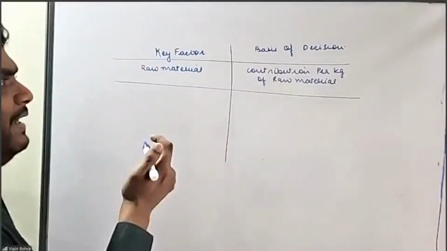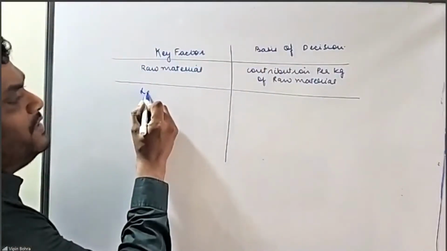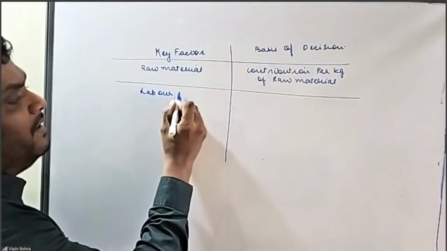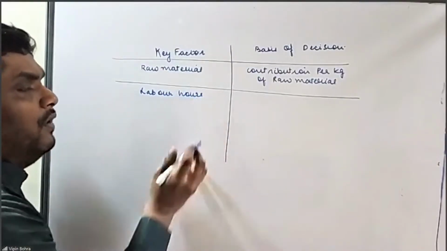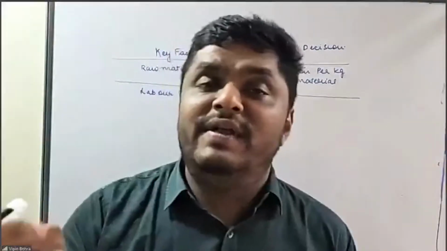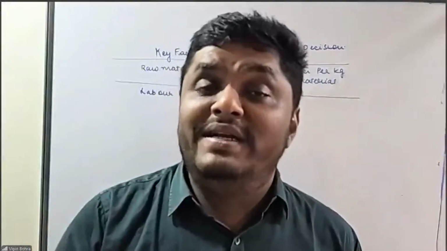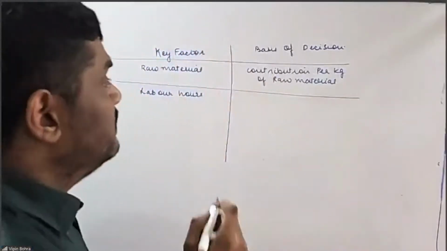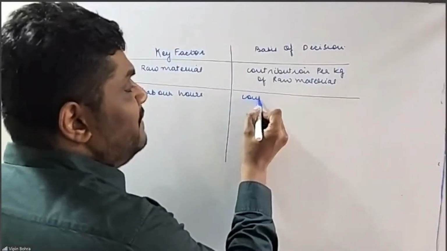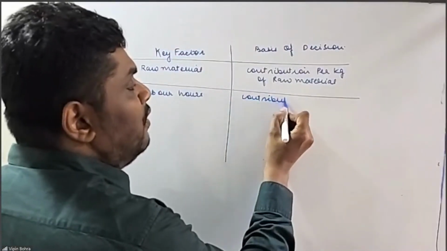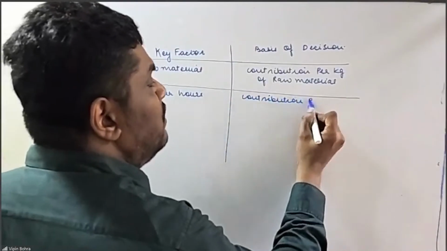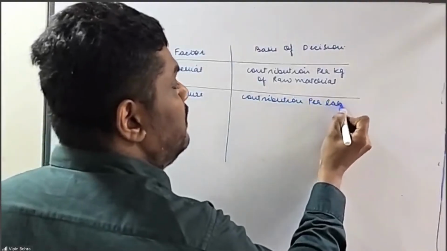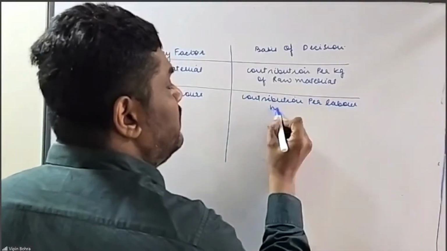Now, let's take a scenario in which labor hours are my key factor. Labor hours are in very limited supply. So my decision will be based on contribution per labor hour.